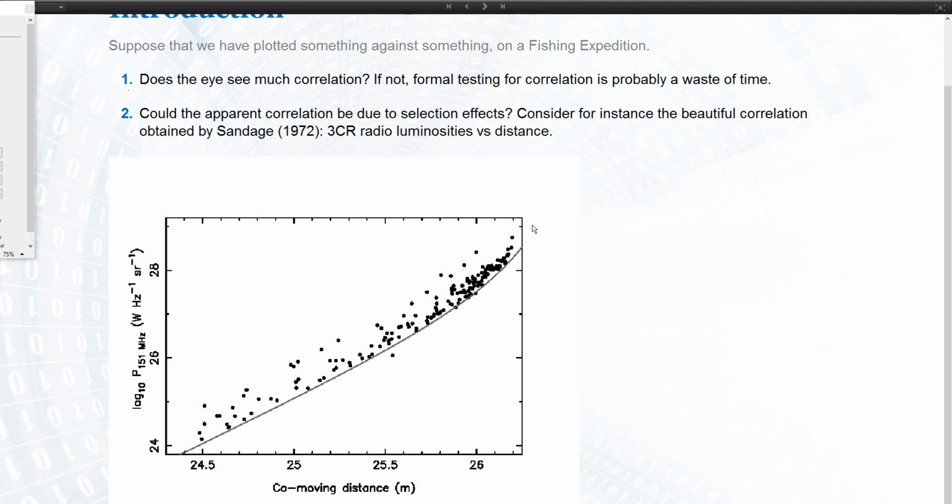So of course, all the points are clustering here, because that's where our power law of the luminosity function has a high probability to produce a galaxy in our sample. If we would just observe longer and longer or take larger samples, this clustering would widen and we would start to observe things here.